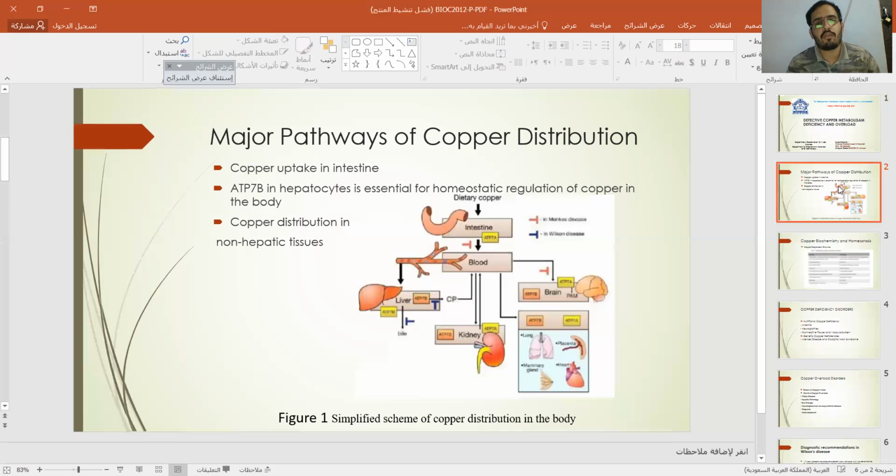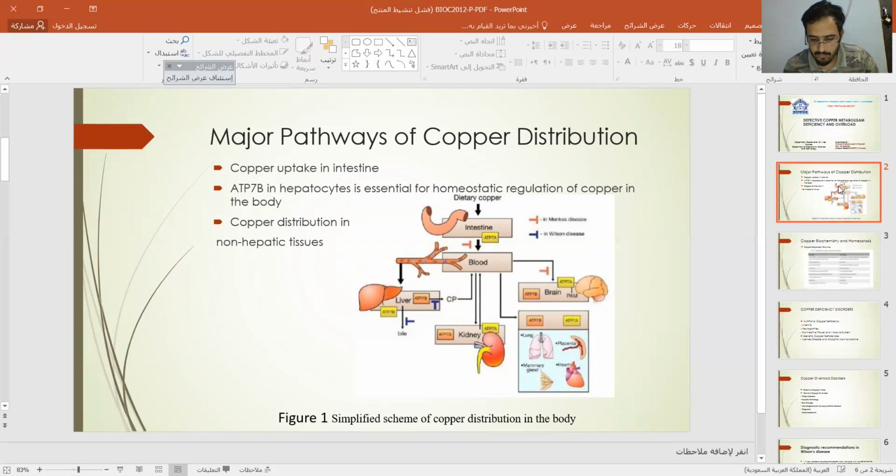The major pathway of copper metabolism and distribution: the metal is transported from the intestine to the blood, where copper binds to albumin at a specific site, or to amino acids, and is delivered to all tissues, including the liver. In the liver, copper is incorporated into the ferroxidase ceruloplasmin, which is synthesized and metallated in the liver and exported into plasma.